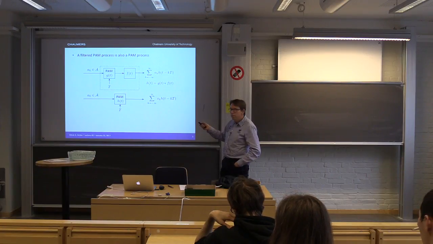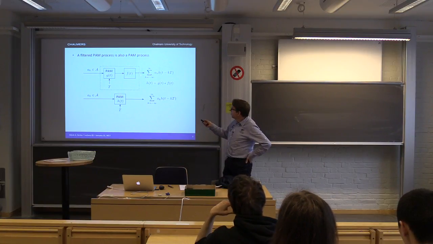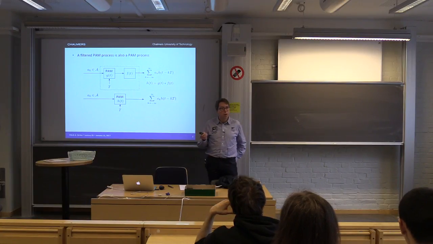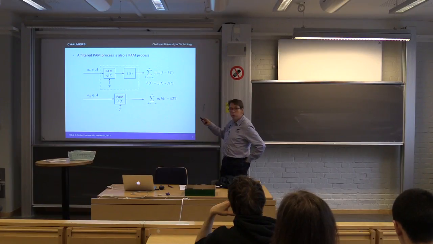So if we have a receiver here, with the linear filter with the impulse response f, then the output from the receiver filter can be written in this form, which is a pulse amplitude modulated signal, where we have the same amplitudes as we had for at this point.